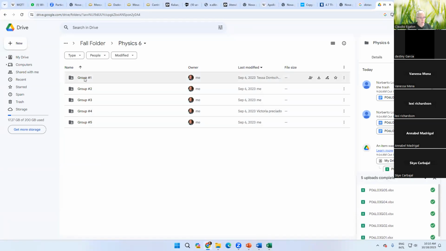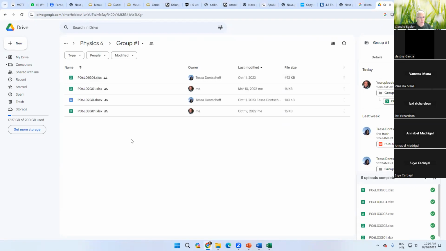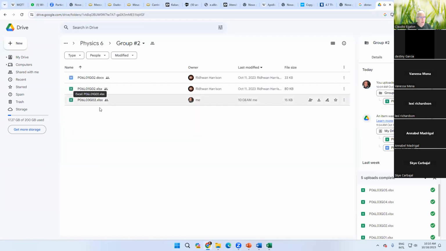In your group folder. Make sure I shouldn't correct lab 1 and 2. Okay, I'll be correcting it soon. I don't see lab 2. I don't see the hard copy, right? The Word document for lab 2 of group 1. Okay, group 1. Let's see, group 2 here. Okay, I don't see the hard copy either. I don't see lab 2 for group 2.